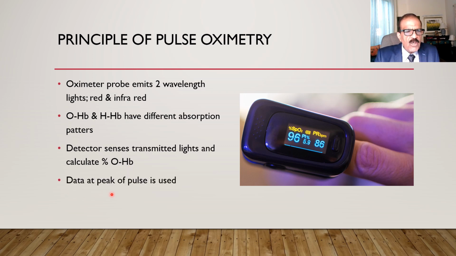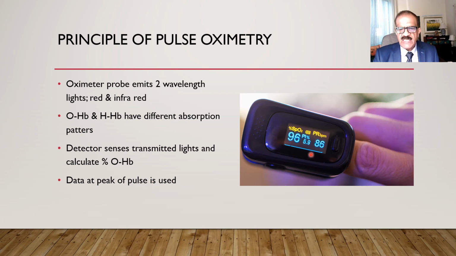Data at the peak of the pulse is used. Now this may be emitting these light waves all the time. And in the finger, there is blood which is present in the arteries, in the capillaries, in the veins, and some oxygen in the tissue. Which one will be measured by the instrument? They have configured it in a way that only the data taken during an arterial pulse is used.